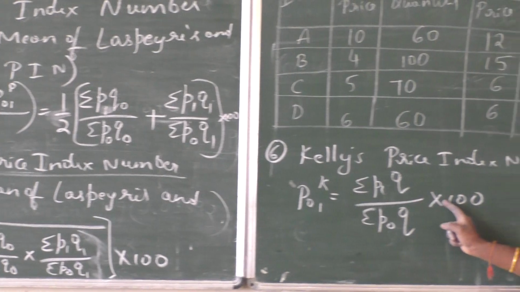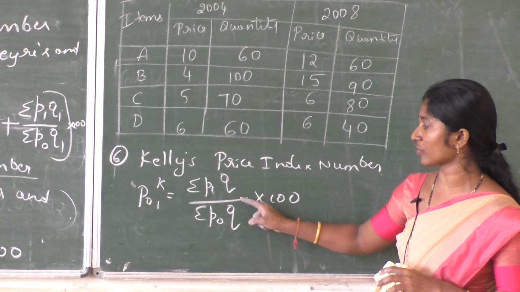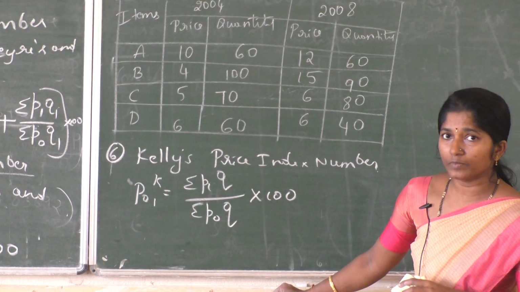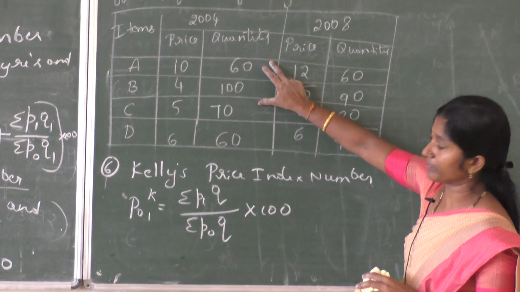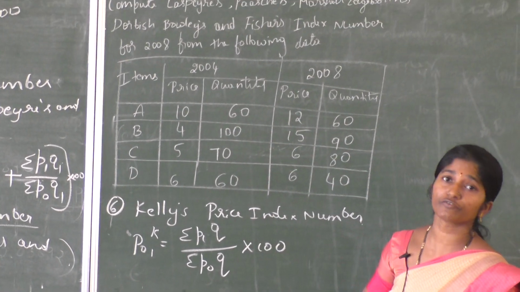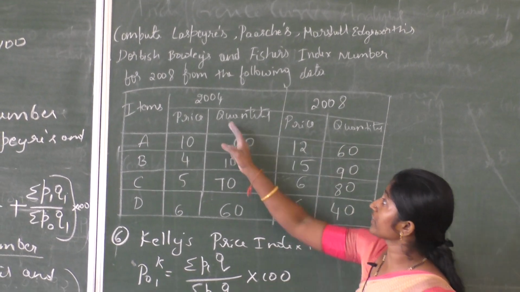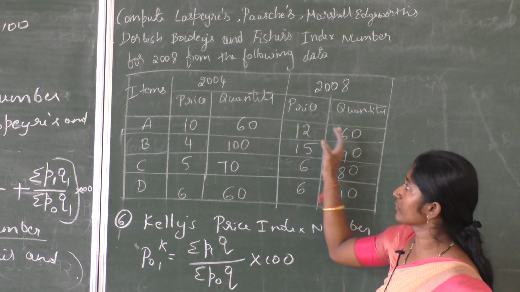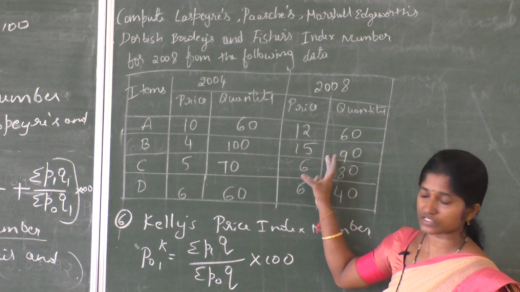Kelly's index number is not taken as base and not taken as current year. Therefore, in problems it is always given separately from this type of problem. Here we are taking base and current year values, therefore Kelly's index number does not come.